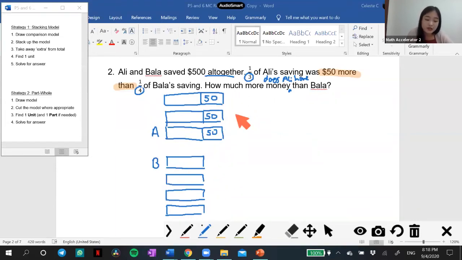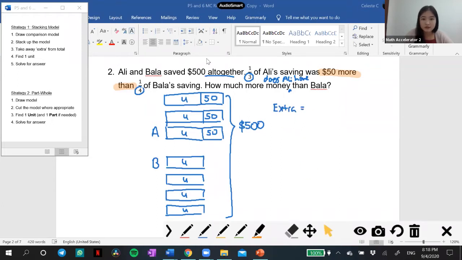Right, now that we've stacked it up, we can now say that everything is $500. So all of these equal units, right? We can find it by taking away the extra here. So what's the extra? We have $350. Yes, correct.